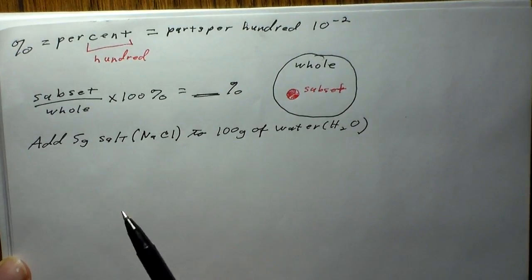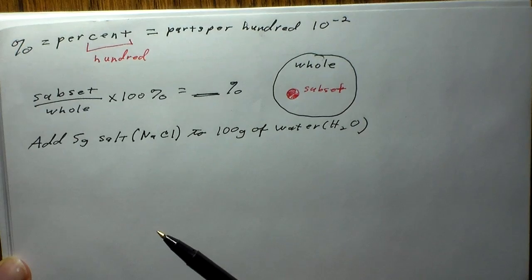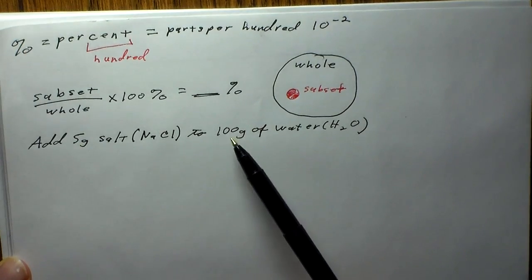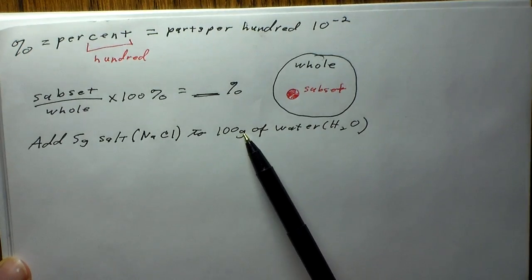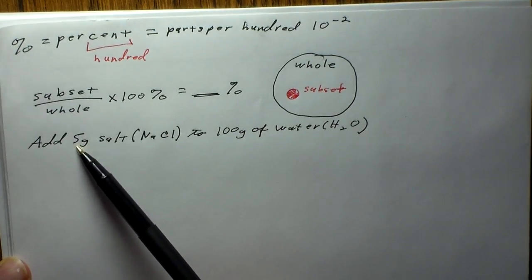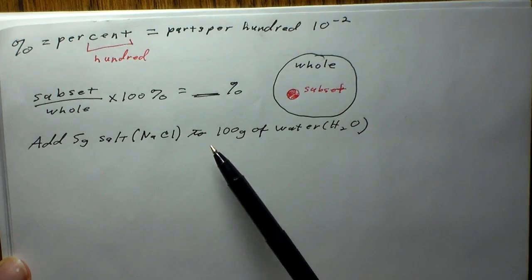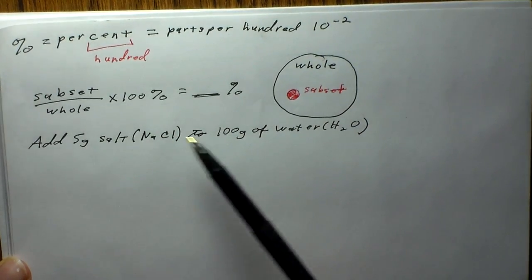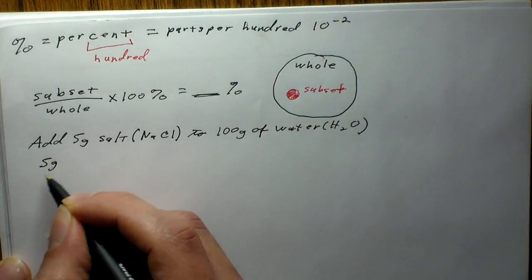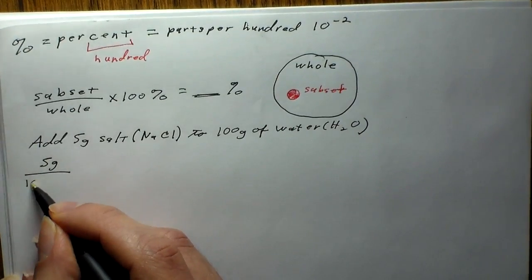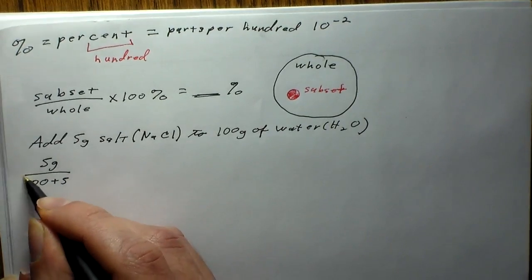So if I take this 5, you might just say, well, that's obviously just a 5% solution because that's going to be 5 divided by 100. But remember, when you're mixing these two things together, you're now going to have this 5 grams of salt, which is your subset, in the whole, which is going to be the 5 plus the 100 grams. So this is going to be 5 grams of your salt divided by the 100 plus 5.